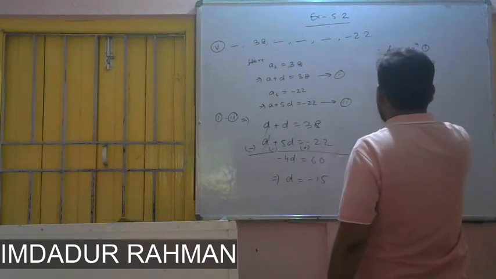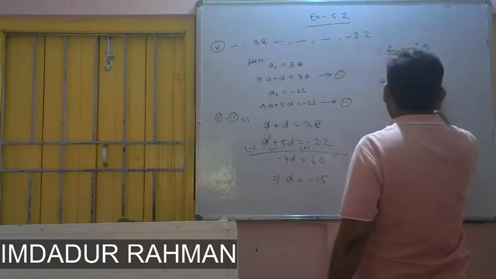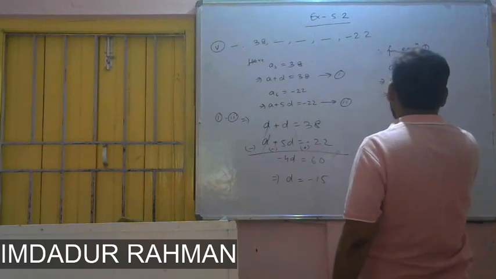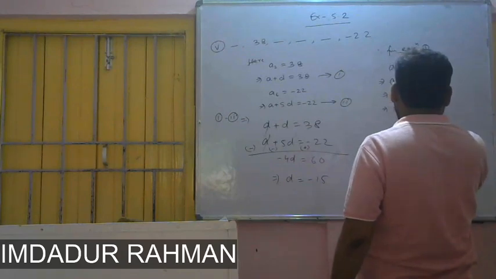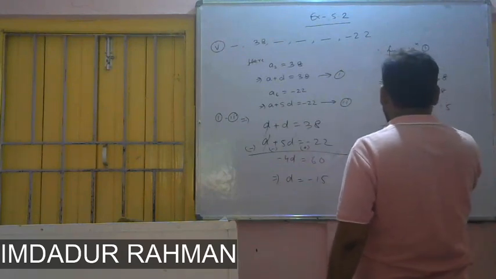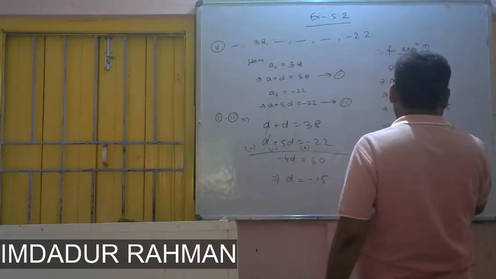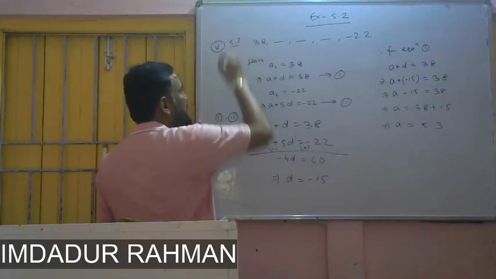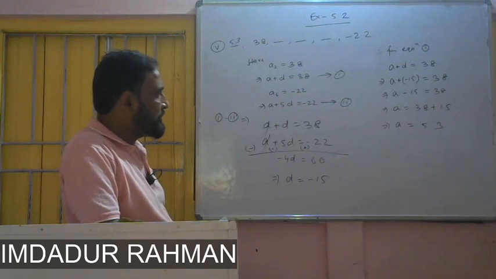Putting D as minus 15, A minus 15 is equal to 38, which implies A is equal to 38 plus 15, so A is equal to 53. So A is 53.